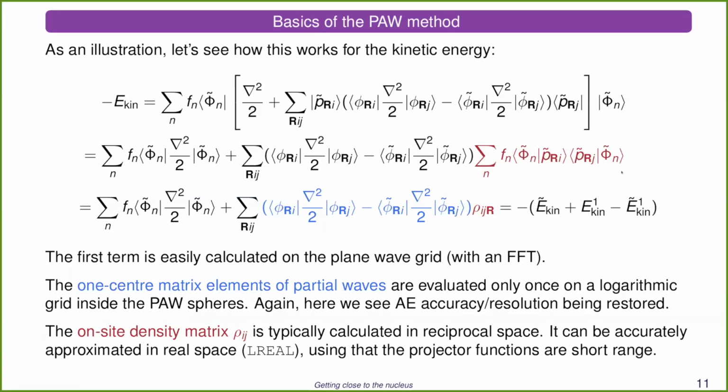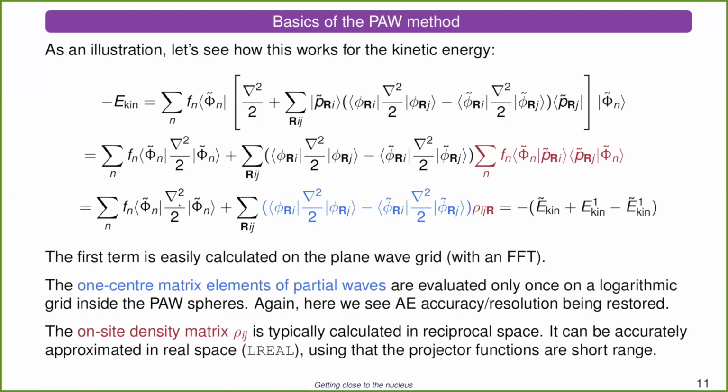This measures how much of a certain Kohn-Sham state is on this site in a specific channel. So these are the projector functions. And this gives you a matrix, a kind of a density matrix, usually over here, which depends on the site and on all the channels, on the left side and on the right side.